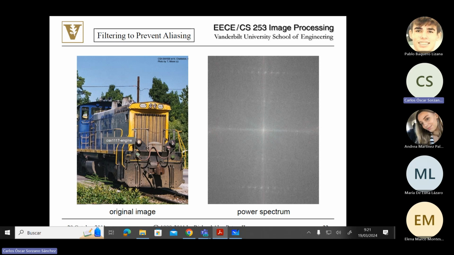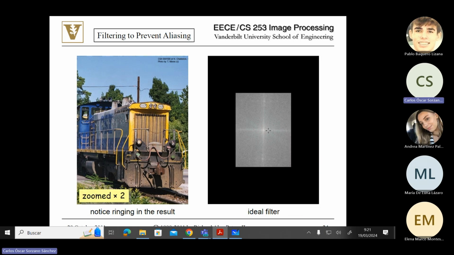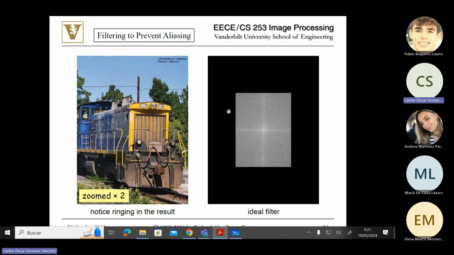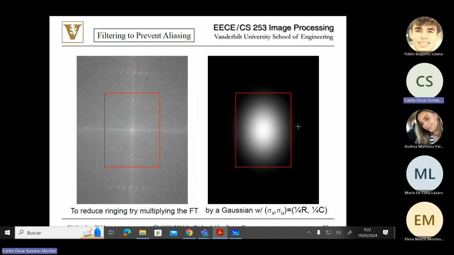You have your original image and this is the original power spectrum. Then you do the anti-aliasing, so we multiply by my new kernel here, setting everything outside to zero. And then you do the decimation.